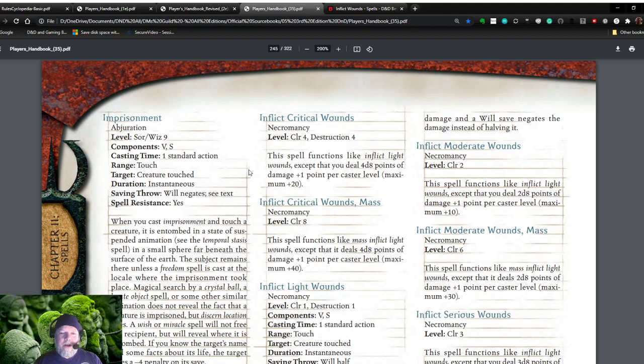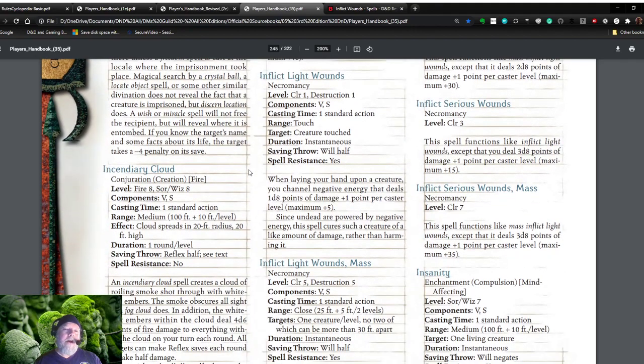Now, by the time they got to third edition, they had actually gone away from having reversible spells, and some people will say it's like they padded the spell list, but there was a reason they did it. They decided that certain classes and subclasses would get one version of the spell, and other classes and subclasses would get the other version. So it was more advantageous to split them off as separate individual spells and record them separately.